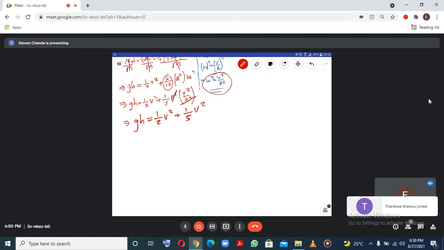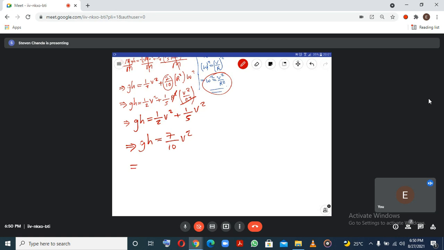Then from here, to find this, we are going to make v squared the subject of the formula. So we cross multiply, and we are going to have 10 gh over 7.